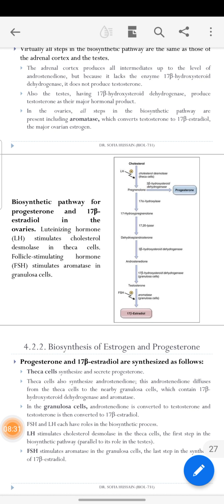FSH and LH play important roles: LH acts on theca cells in biosynthesis, and FSH at the last step converts it into estradiol.